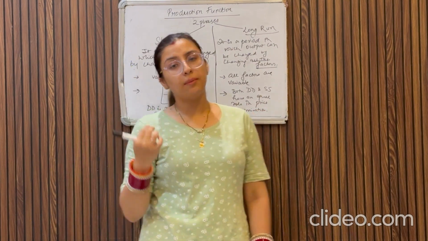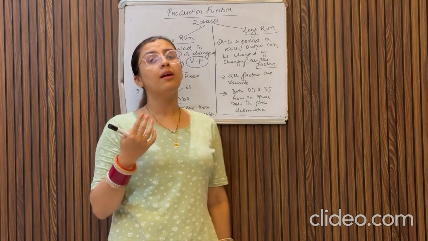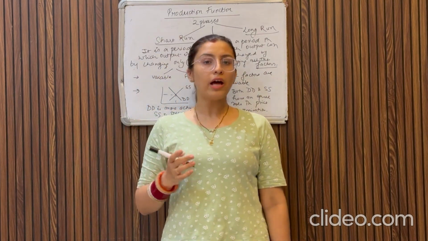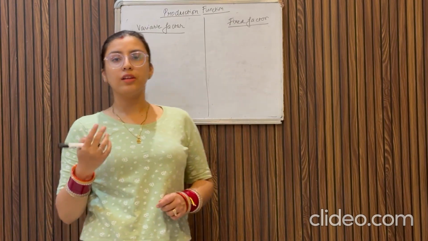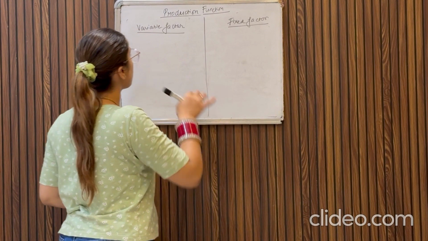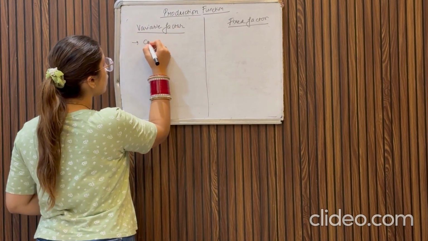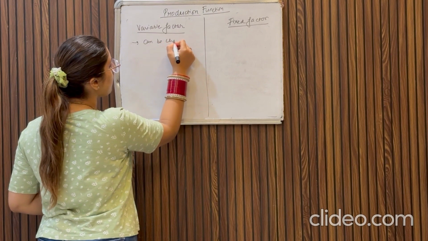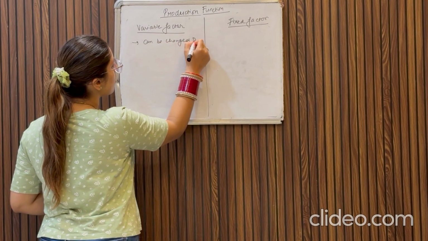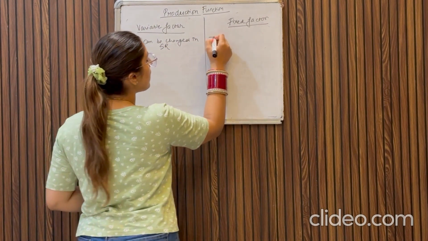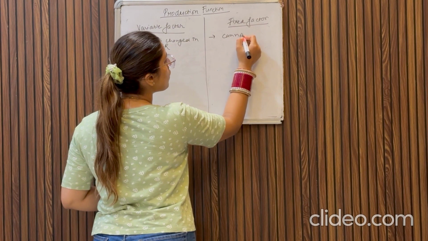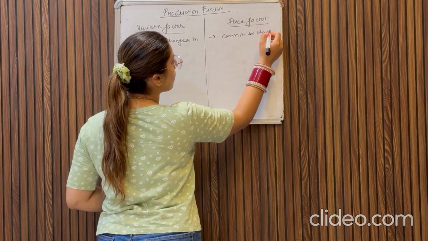As we have the ability to increase or decrease the supply based on the demand that we are getting for our product. Next, we will be coming to the difference between the variable factor and the fixed factor in a more thorough way. Variable factors can be changed in the short run because we have the ability to change them, while the fixed factors cannot be changed in the short run.